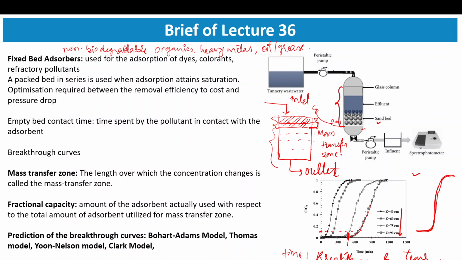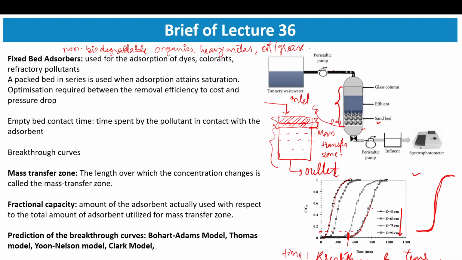For example, if you have lesser depth, it will saturate faster, right? Because you have a lesser amount of adsorbent packed inside, and hence it will saturate faster, or the breakthrough will be attained faster. This is very obvious, right? And here, as you see, this is an actual plot of some pollutant being removed, right?